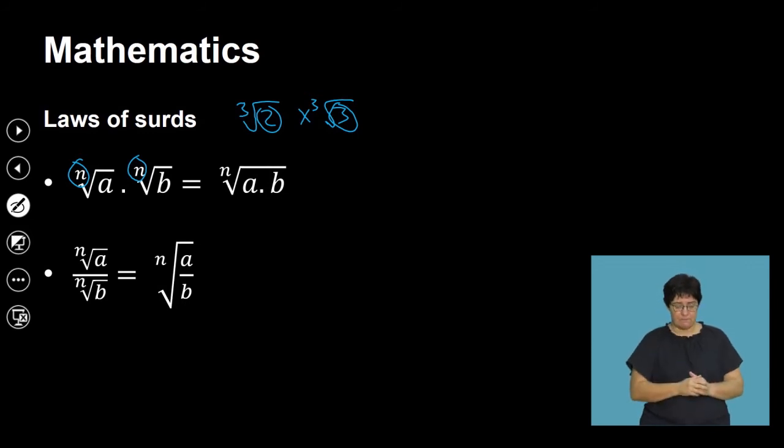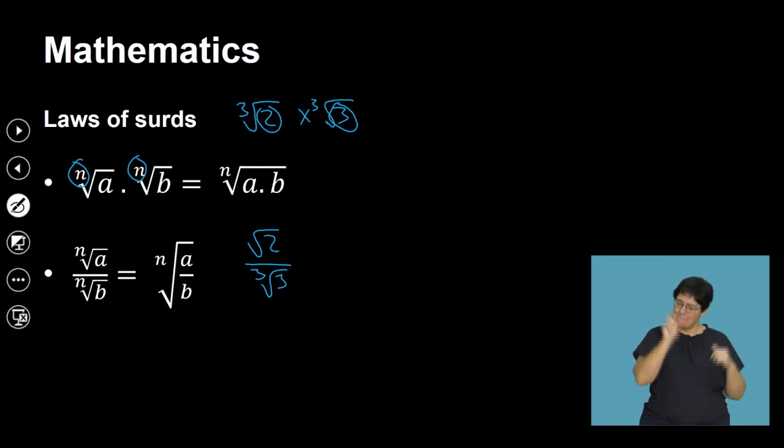Similarly with division, it must be division of the same root, right? And then you will be able to divide what is inside there. Similarly with the example that I just made, it can be square root of 2 over maybe the cube root of 3, and then you want to say you are dividing what is inside the exponents. Please do not do that. Inside the sets, I mean, right?